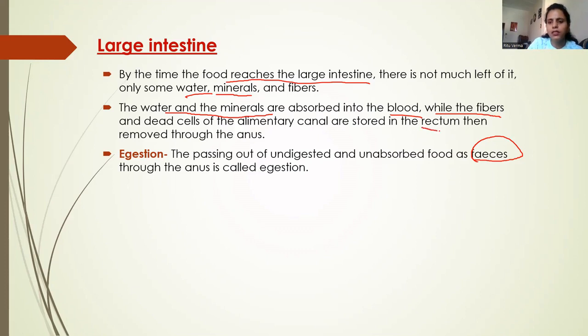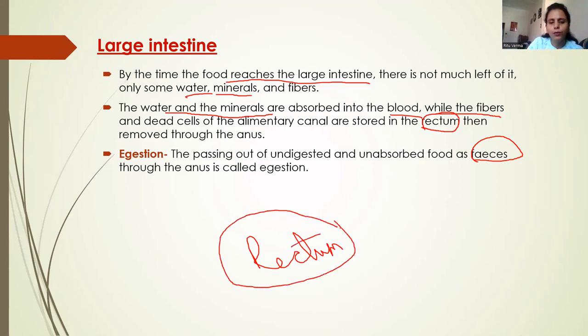This last part is known as the rectum. The removal of undigested food, which is temporarily stored in the rectum, from our body through the opening called the anus, this process is known as egestion. So egestion is the process of removal of undigested food from the body through the anus.